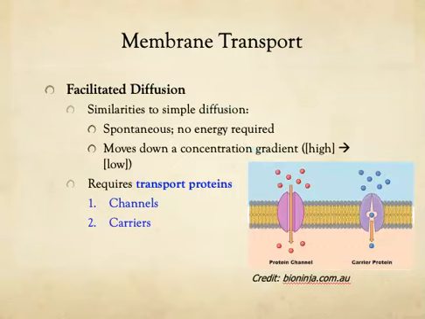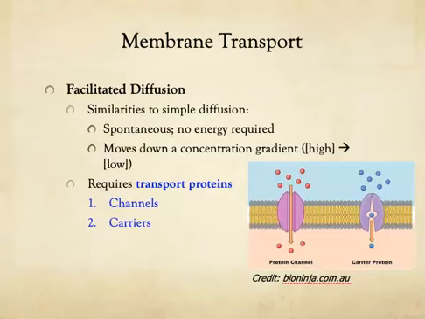Let's switch gears now and leave simple diffusion. Let's leave osmosis and talk instead about facilitated diffusion. Facilitated diffusion actually has a lot in common with simple diffusion. It's spontaneous. No energy is required to make it happen.